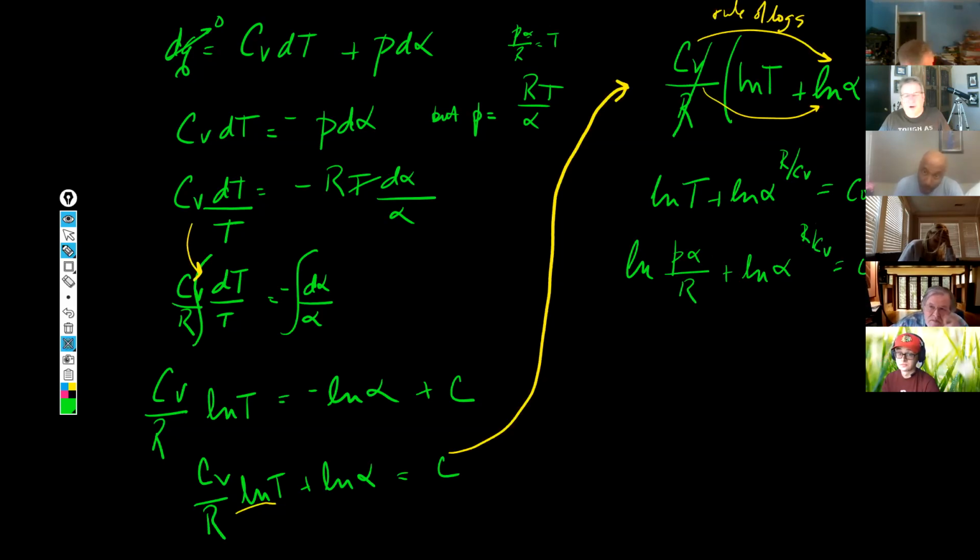I'm just calling it prime so that you know it's different than the original one. Well, this is the natural log of P alpha minus the natural log of R plus the natural log of alpha to the R over CV equals a constant.